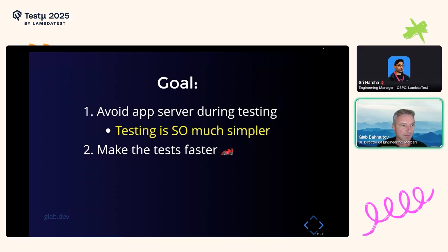And second, our tests are slow because API calls going to the database, especially if we don't have a lot of machines in our preview environment, our dev environment, are slow and people complain about it. If we didn't have a backend, everything would be so much faster.